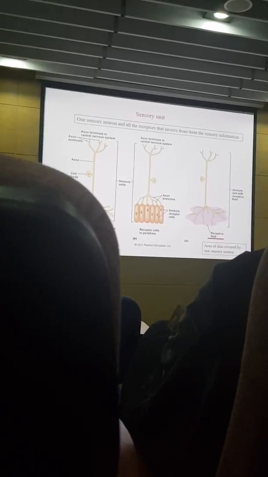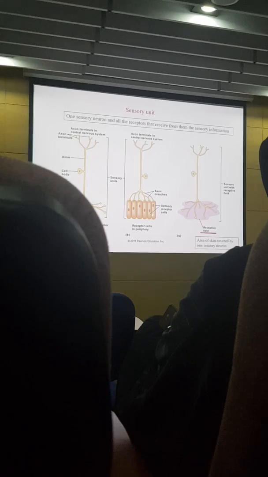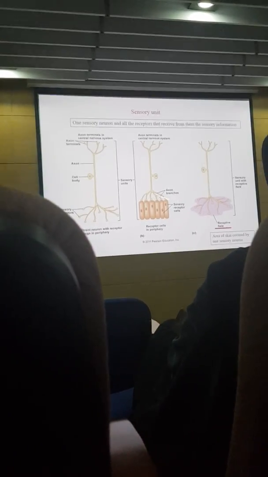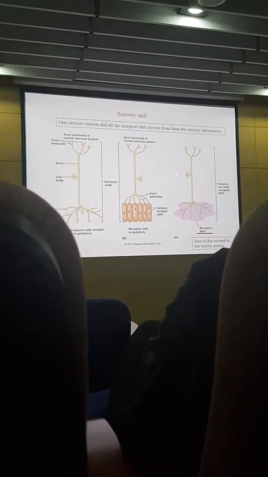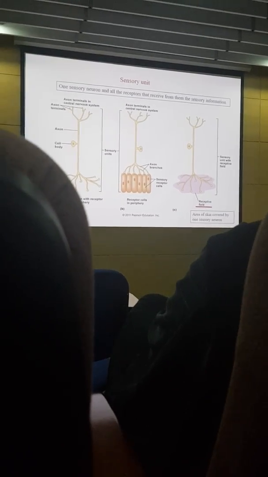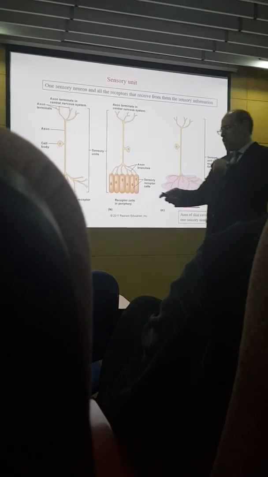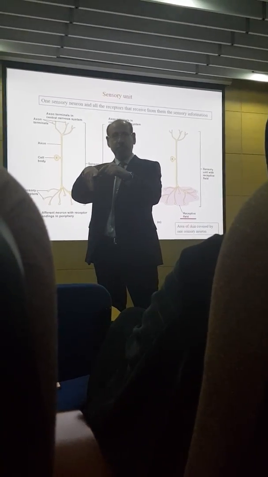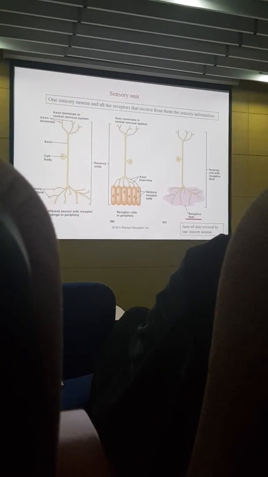The sensory neuron and all the receptors that it supplies. So I have the sensory neuron and the area of the skin supplied by this sensory neuron. For example, one sensory neuron will supply this area of the skin. So this is the sensory unit.